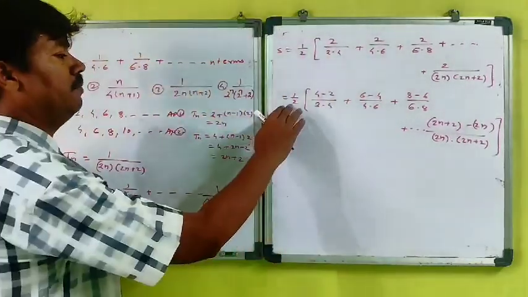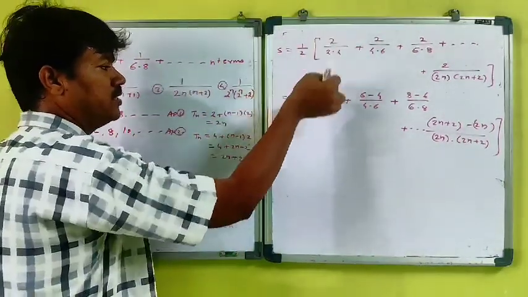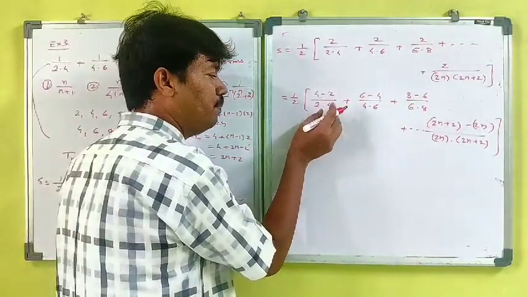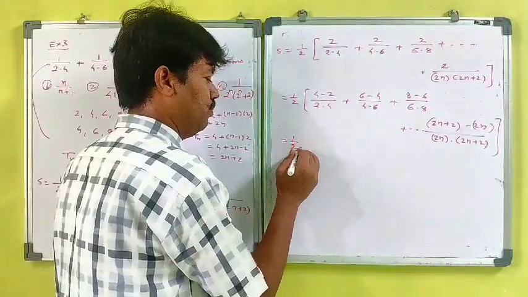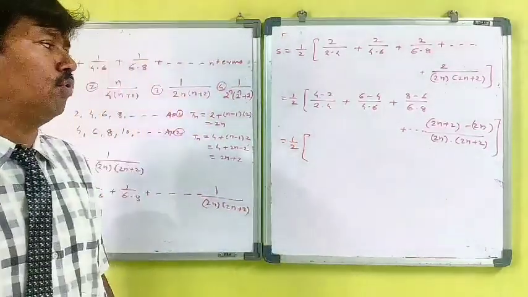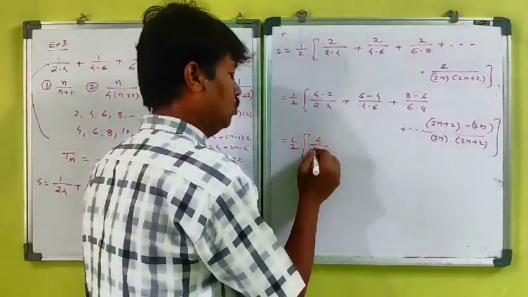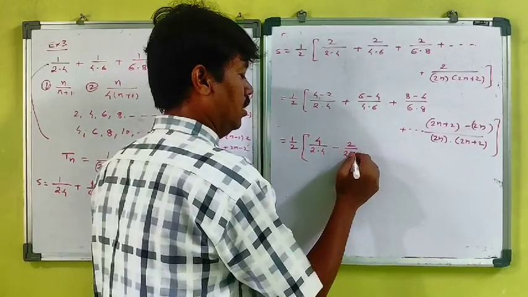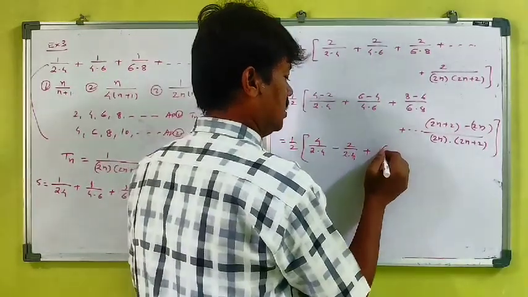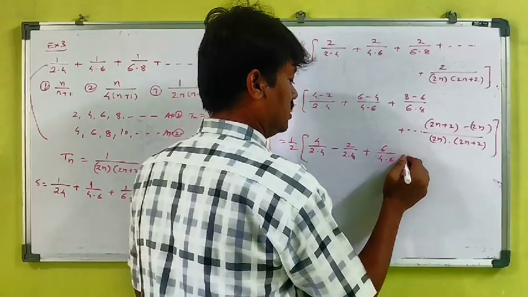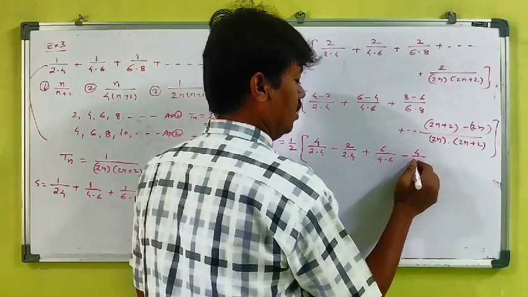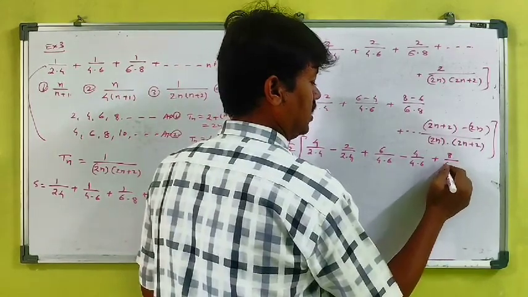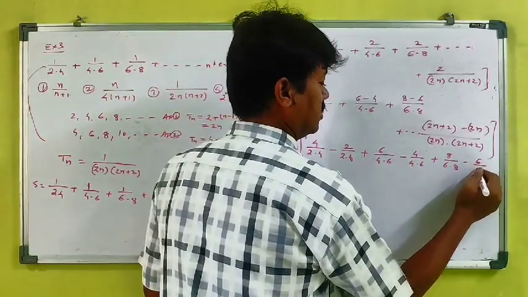This is divided by 2 and multiplied by 2, so this 2 will remain like this. The reason is that now we split. After splitting, we get 4 upon 2 into 4 minus 2 upon 2 into 4. Similarly here, 6 upon 4 into 6 minus 4 upon 4 into 6, plus 8 upon 6 into 8 minus 6 upon 6 into 8.